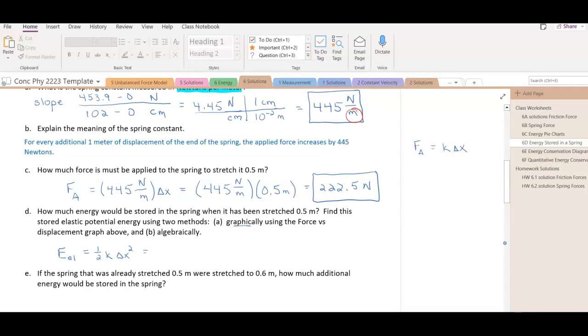So I can calculate it algebraically. It would be half of the 445, that's the spring constant, multiplied by the displacement squared. And so that would be 55.625, and the units of energy are joules.